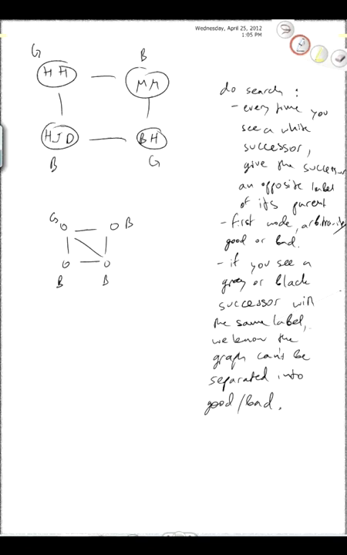So you may have figured out after looking at this problem long enough that the key property, the thing that makes a graph not be able to be separated into good and bad sides, is an odd length cycle. An odd length cycle means we can't separate the graph.